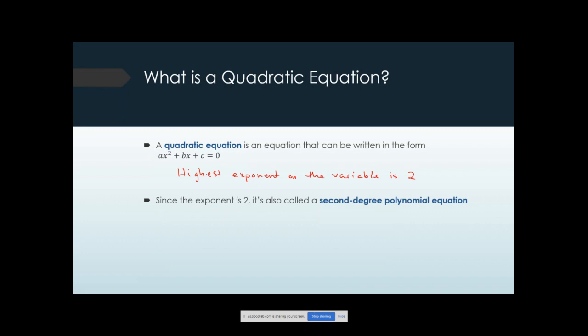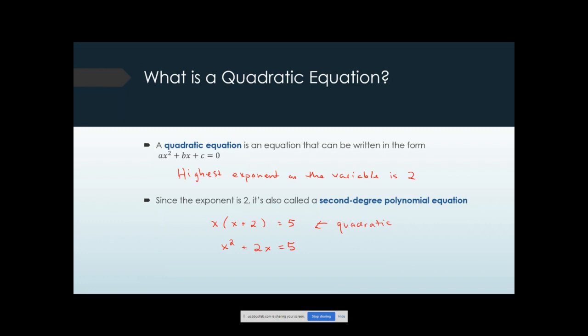Now you have to be careful because things can be quadratic and just not be simplified all the way. So we could have something like x times (x plus 2) equals 5. That is quadratic because when you distribute, you get x squared plus 2x equals 5.